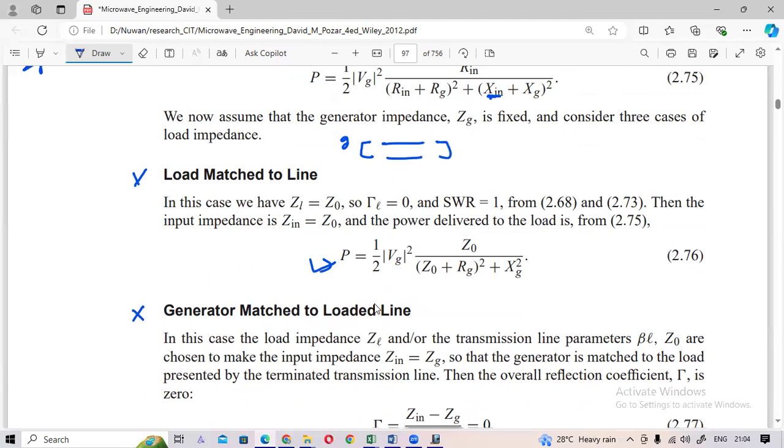What has been matched? The load ZL is matched to this transmission line. That means ZL and the transmission line Z naught are the same, Z naught is equal to ZL. So that is the matching.